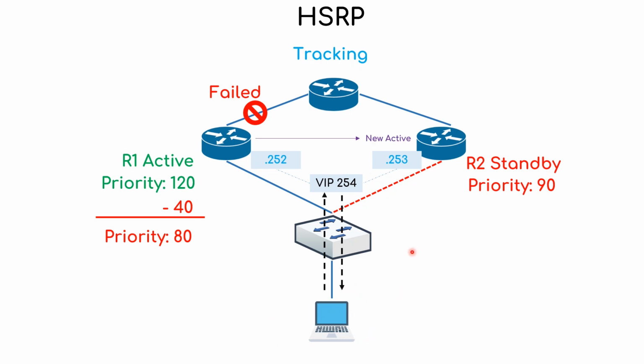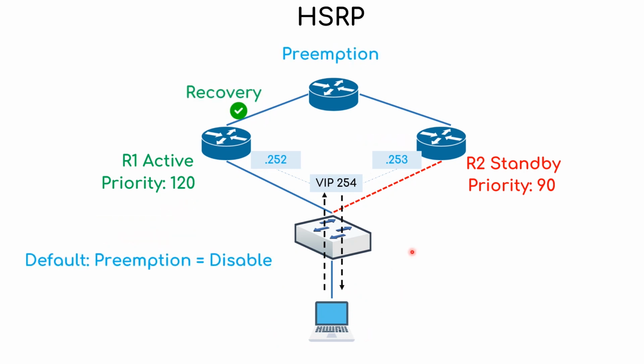Okay, the last feature I would like to talk about is preemption. By default, preemption is disabled. When a failure happens and the original active router comes back, the current active router still keeps its role, and the original active router is still the standby router.